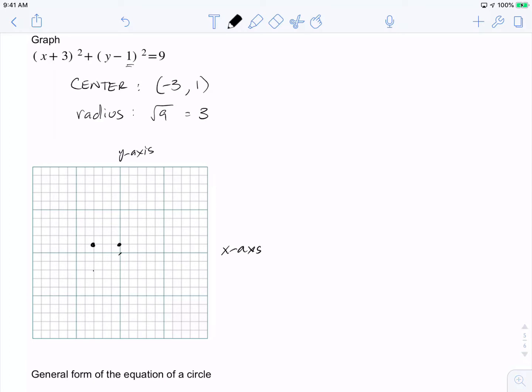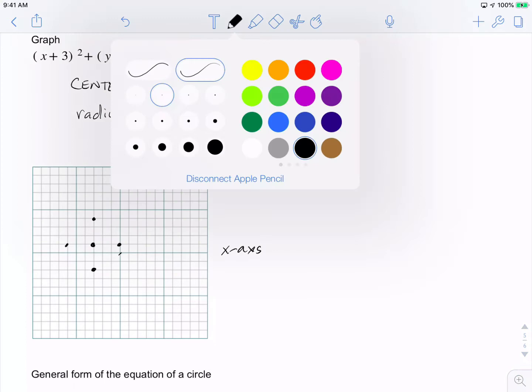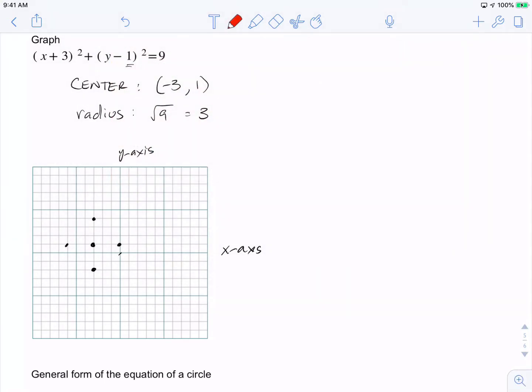We're going to have a point here, right? A point here and a point here. Now, the reason that we have those points is because this distance is 3. This distance is 3. This distance is 3, and this distance is 3 because that's our radius.